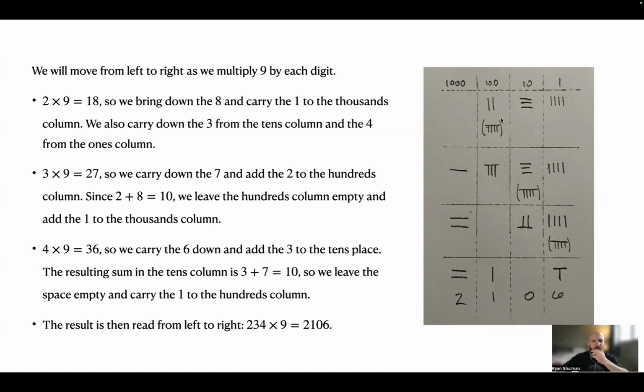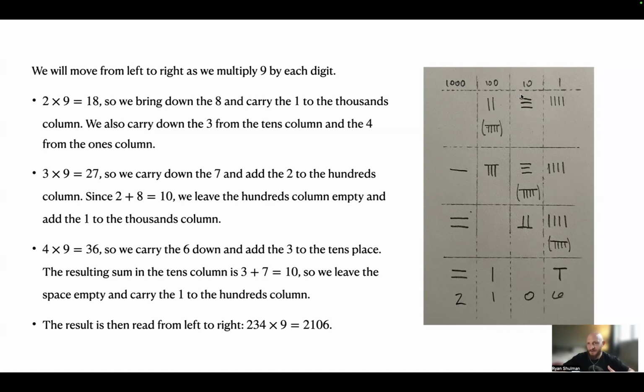And notice too that depending on the column that we're working in, the orientation of the numbers changes to make it a little bit easier to read across, so that things don't get muddled up.